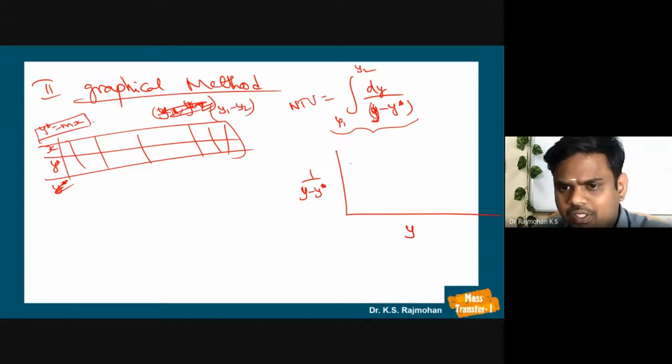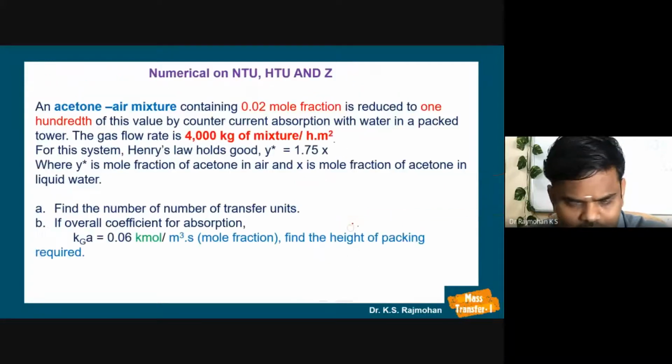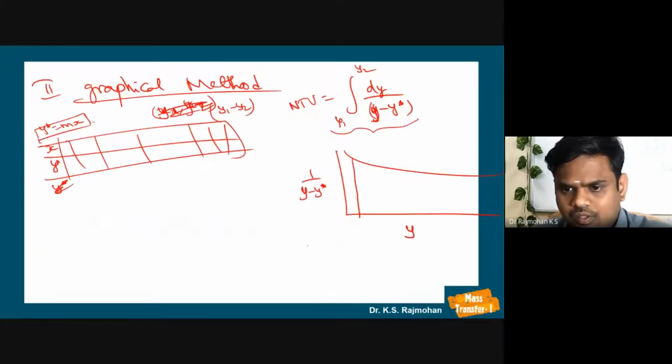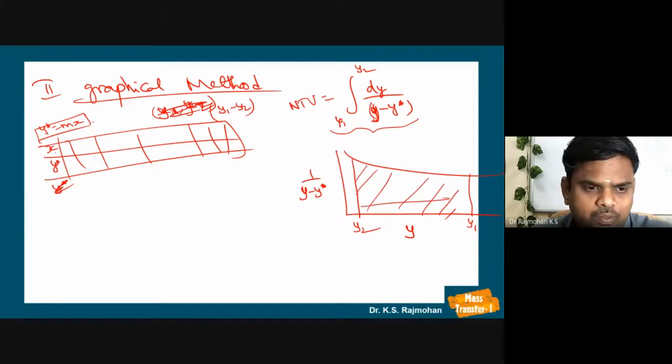Whatever the shape of the curve we get, we will have the values; it may be like this, between y1 and y2. So for the area under this curve, we will first plot x versus y, and we will determine what is 1 by y minus y star.